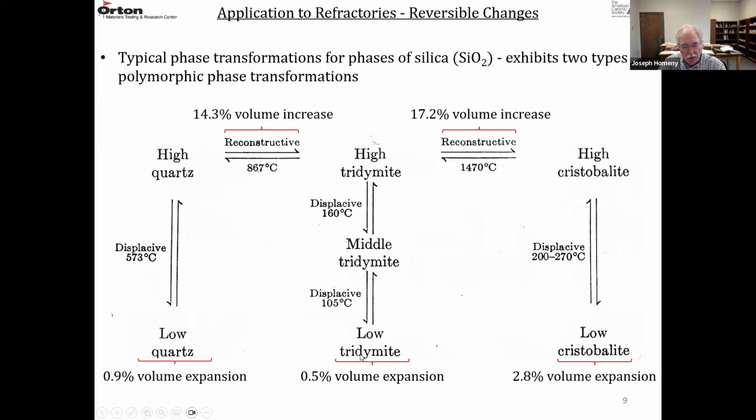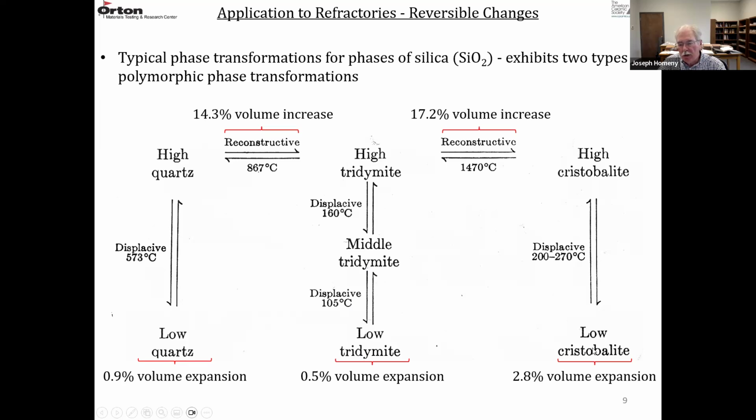If you have tridymite, you go through two displacive transformations, one at 105 degrees C and one at 160 degrees C. So you go from low to middle to high tridymite, and that has a 0.5% volume expansion.